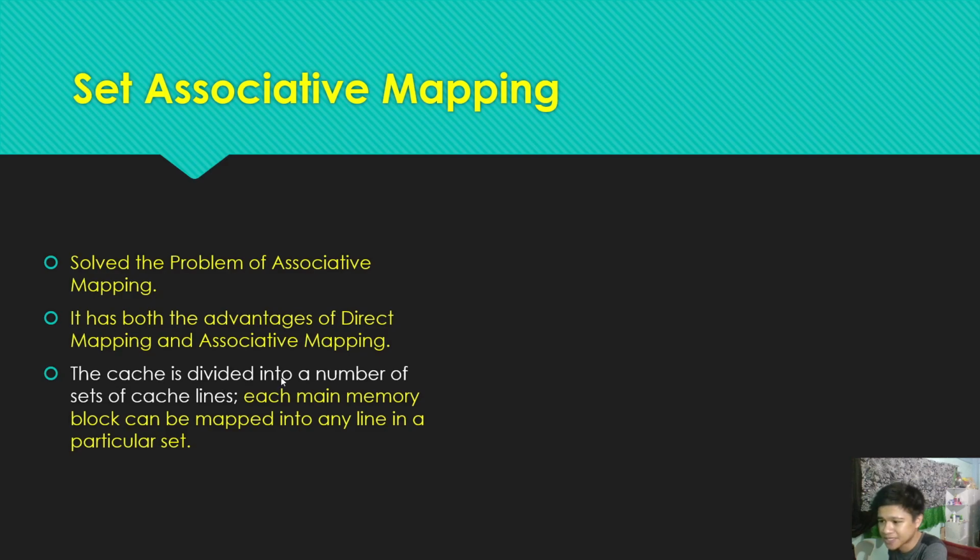The cache is divided into a number of sets of cache lines, and each main memory block can be mapped into any line in a particular set. It's associative mapping with just a little bit of a tweak in terms of computing things.